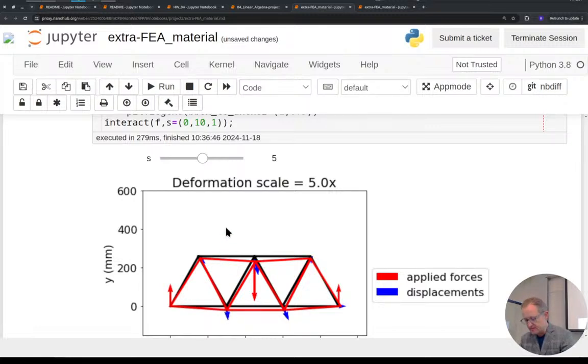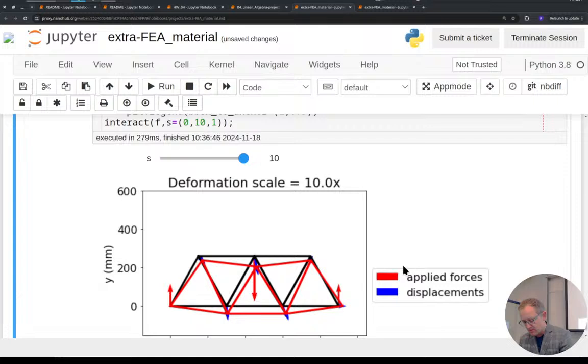And then all those blue arrows, that's how much displacement each node had for that amount of force.